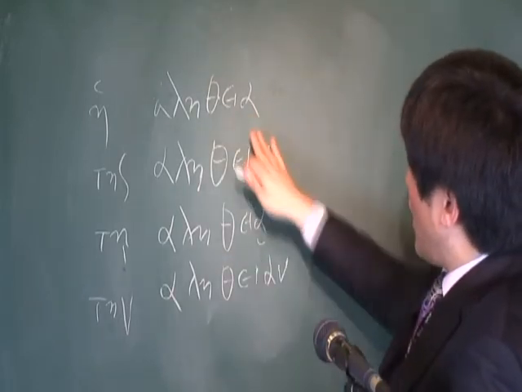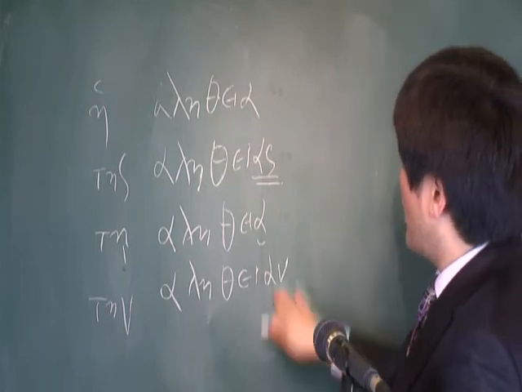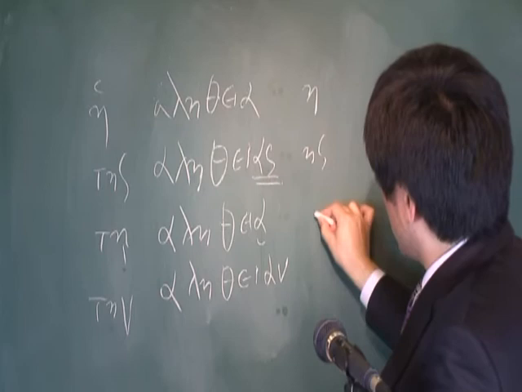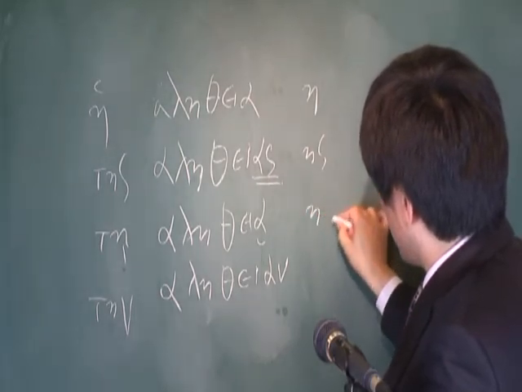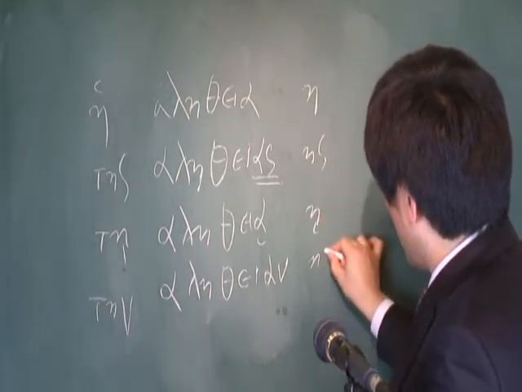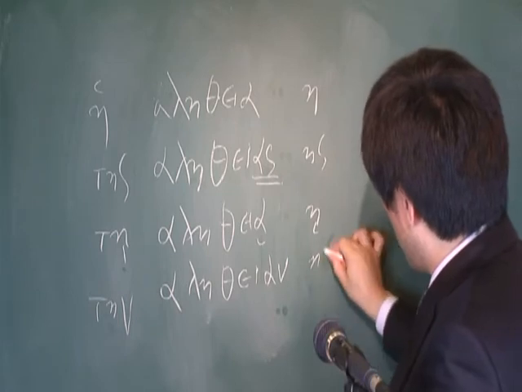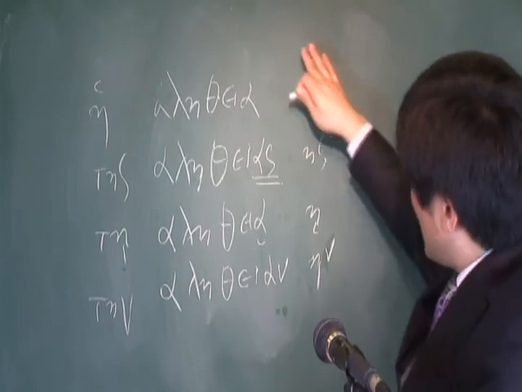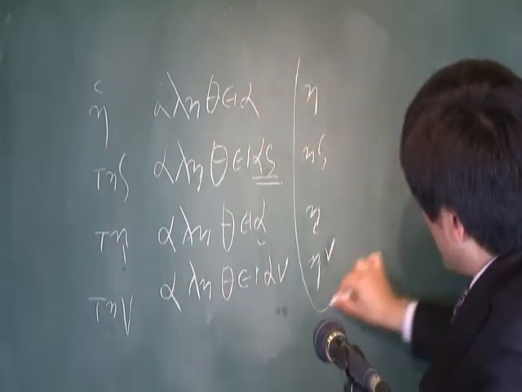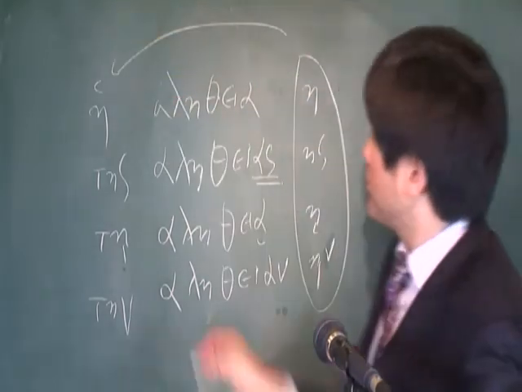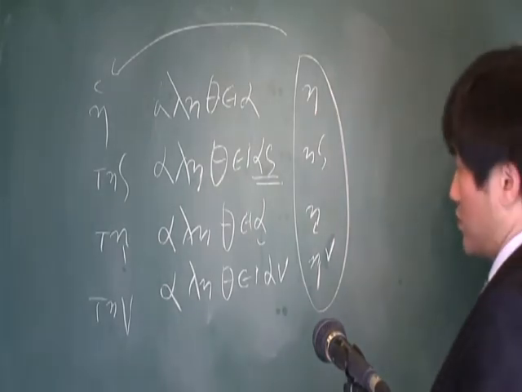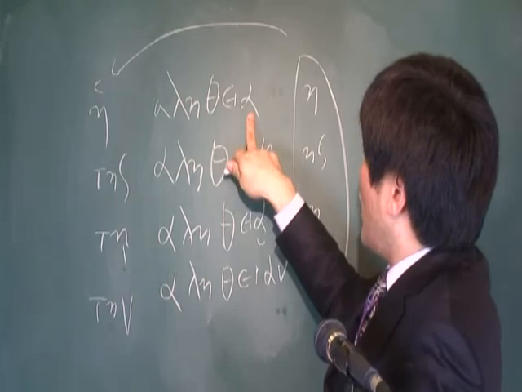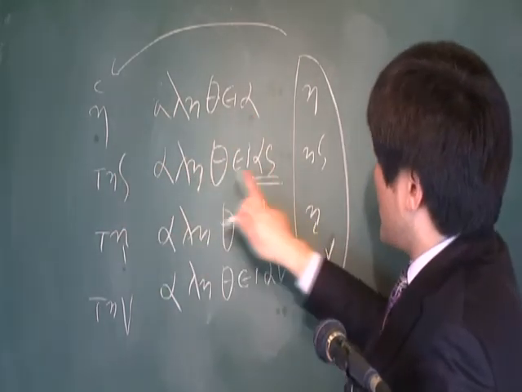Third, doro means to a present. When it becomes to doro, it will become to the present. Fourth, the accusative form, doron, means a present.